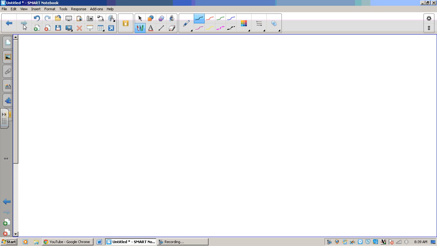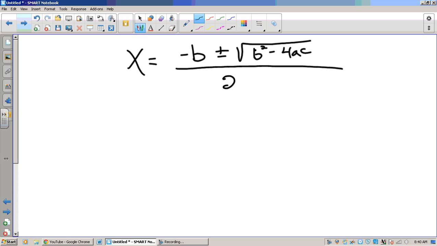For those who are note takers, and you want to be able to refer back to this, you're going to write down x equals -b plus or minus the square root of b squared minus 4ac, all over 2a.